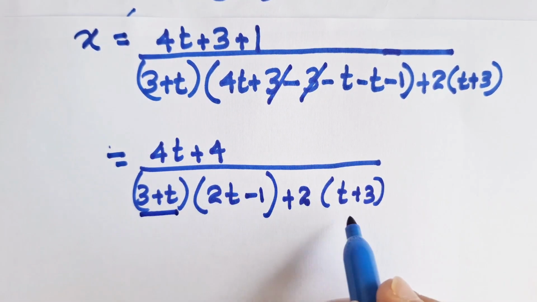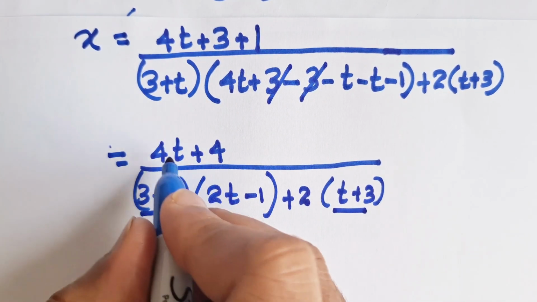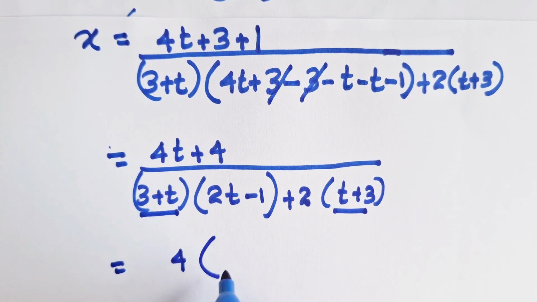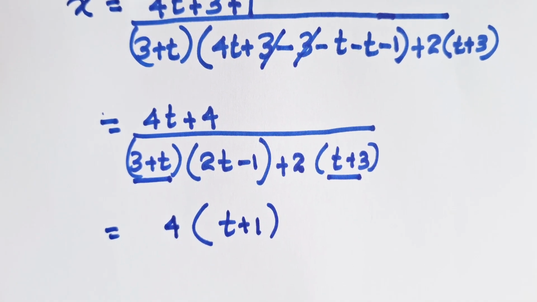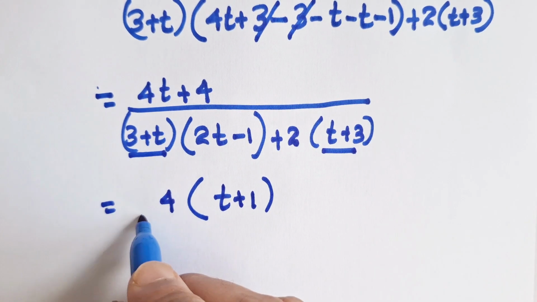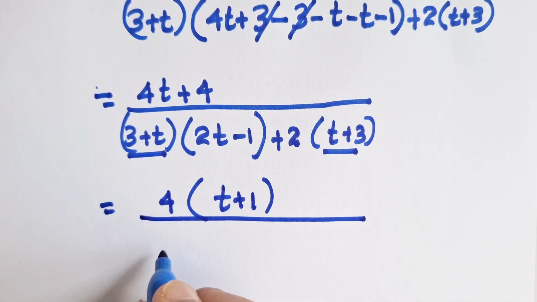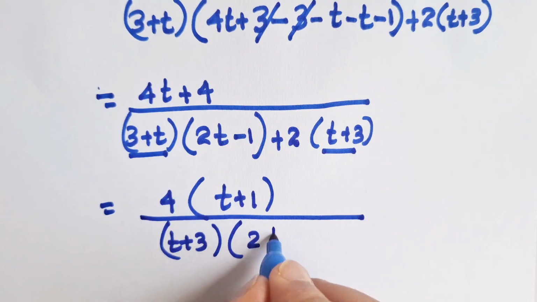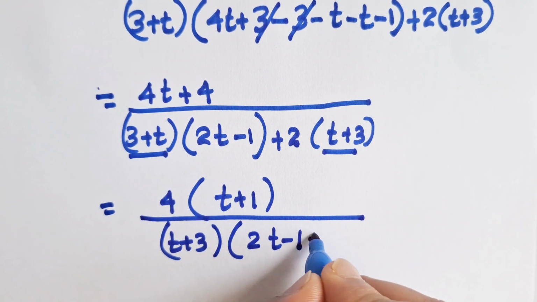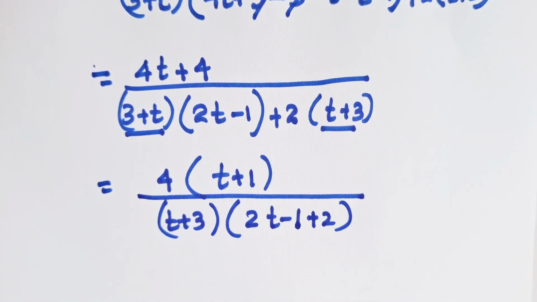Now again 3 plus t is the common factor here, and here 4 is the common factor. I'm going to take out the 4. Here we have t plus 1. In the denominator, if I take out the common factor 3 plus t, here we have 2t minus 1 plus 2.